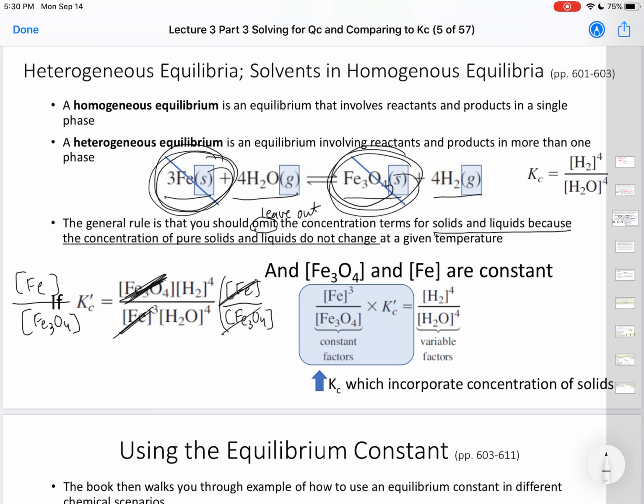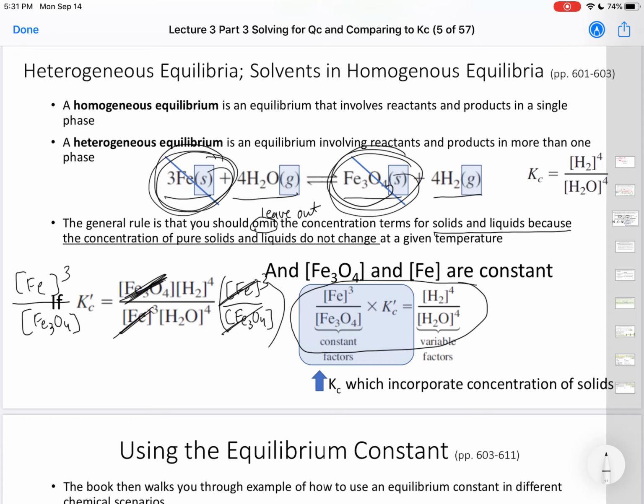So when you do that, the Fe cancels out, the Fe3O4 cancels out, and that's why we can cross them out. If you do this math, really it leaves you with this expression here, where you have Fe to the third, sorry, it's to the third, divided by Fe3O4 times Kc is equal to H2 to the fourth over H2O to the fourth.